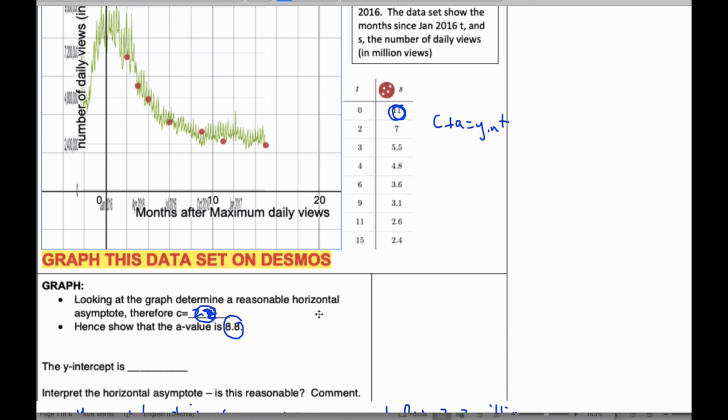My model, S of T, the number of Sorry views, where S is for Sorry and T is time, follows the pattern A times B to the T plus C. I've claimed C to be 2.2. B I don't know yet. A I don't know yet, and using the 0 value for T, this has to be 11.